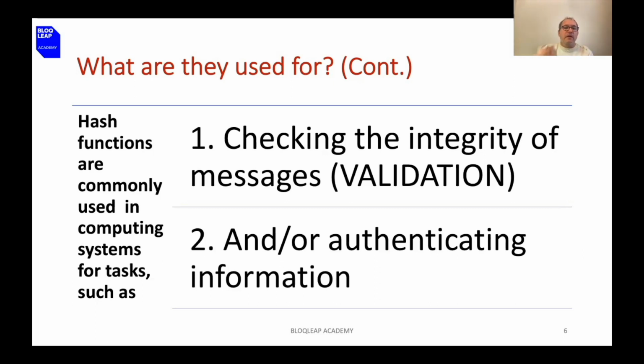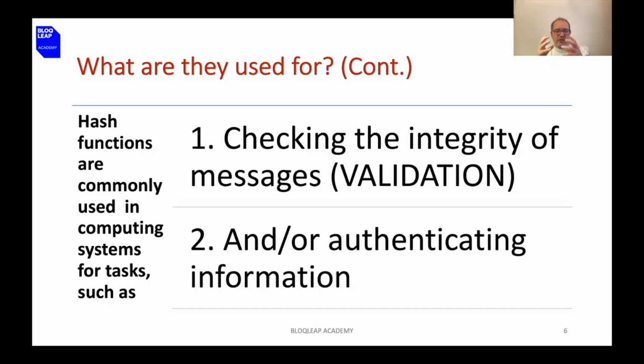The task SHA-256 is doing is, one, checking the integrity of messages, meaning it's validating that all the transactions or movements inside the blockchain were not hacked. They are valid, they were not tampered with. The second one is authentication, which is more for the miners, and we are going to see that later on.